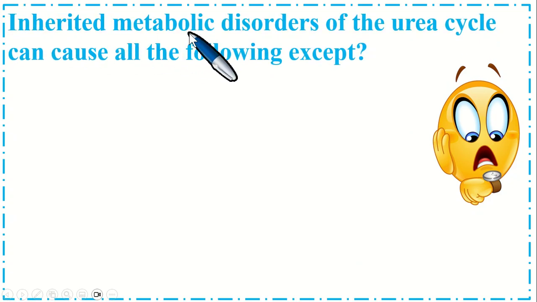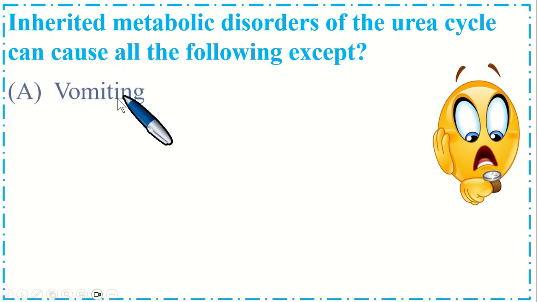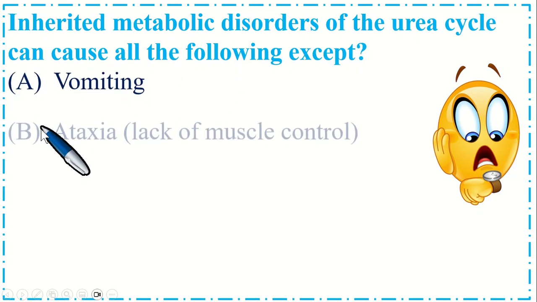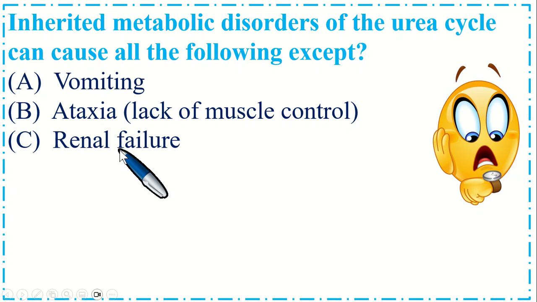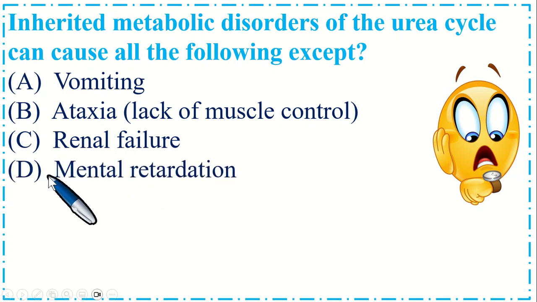Inherited metabolic disorders of the urea cycle can cause all of the following except: option A, vomiting; B, ataxia, lack of muscle control; option C, renal failure; and option D, mental retardation.